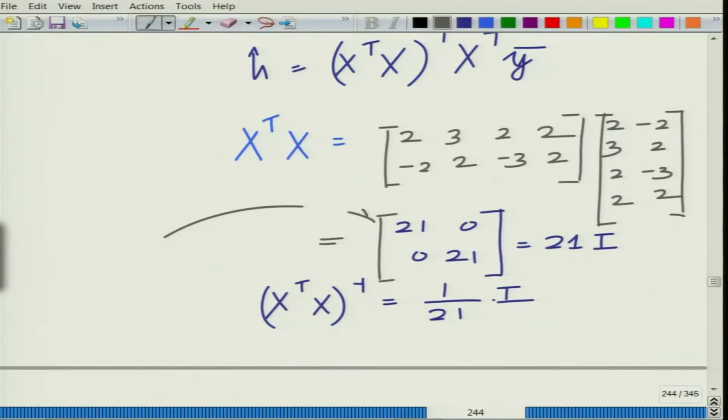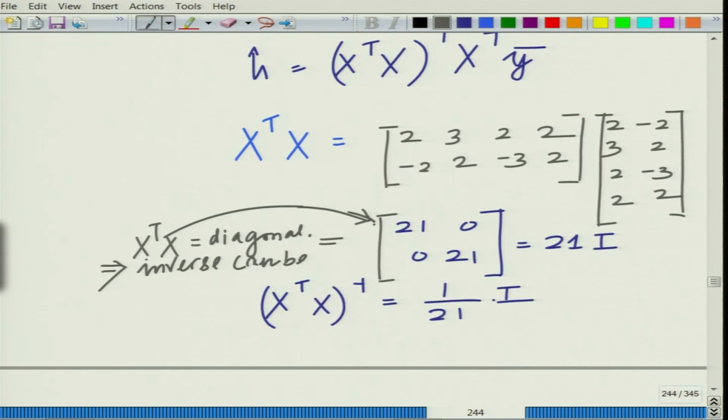Okay. So, this X transpose X is diagonal, which implies the inverse can be easily computed.